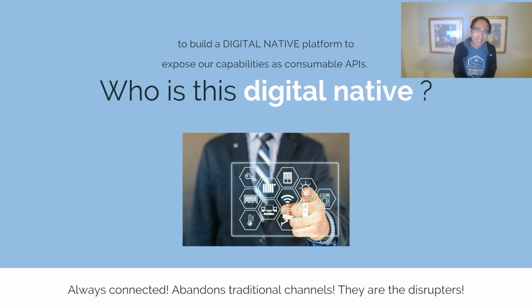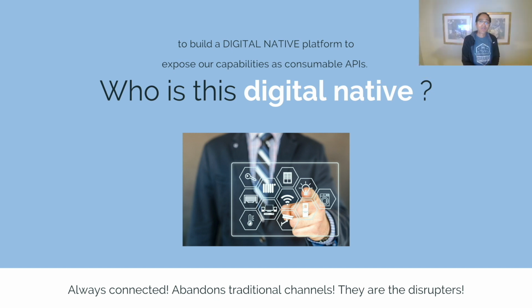So what if they abandon our traditional channels? We wanted to make sure we are wherever they are, and we felt it's important to expose all of our business capabilities as consumable APIs so that we can be wherever they are, whether it's mint.com or zillow.com or any other .com, right?